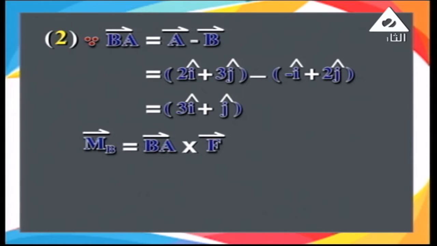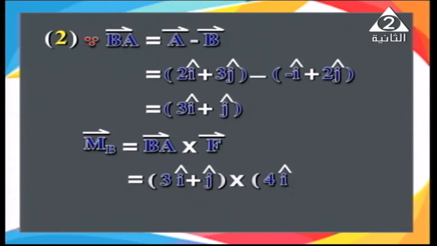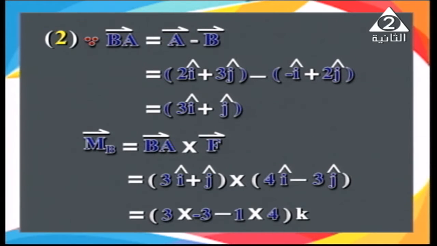Moment about B equals BA cross F. What is BA? 3I plus J cross, what is F? 4I minus 3J. Then 3 times -3 equals -9, minus 1 times 4 equals -12K.